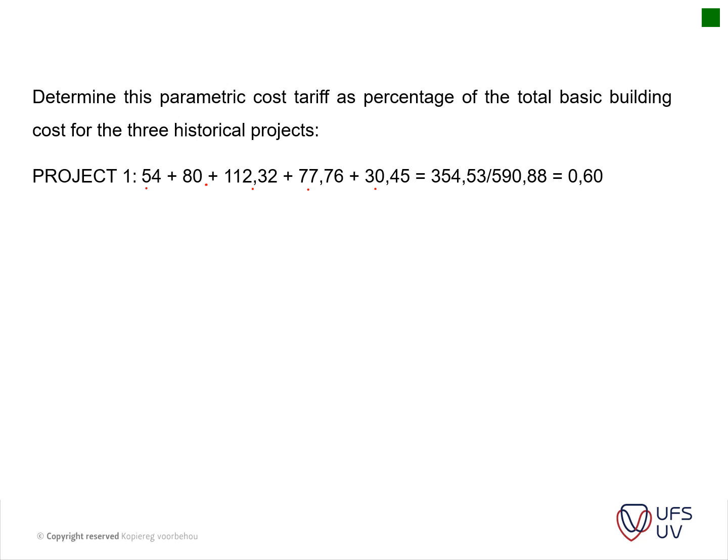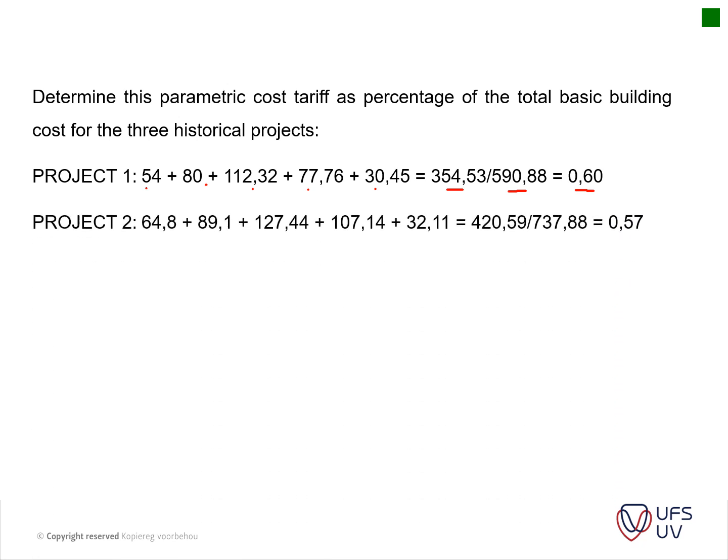Okay, so then you take your 354 rand of these totals divided by the total building cost to get a percentage of 60% for your project 1. So those items in table 2 contributed 60% of the total cost of your first project.